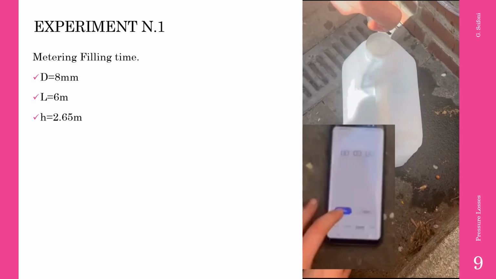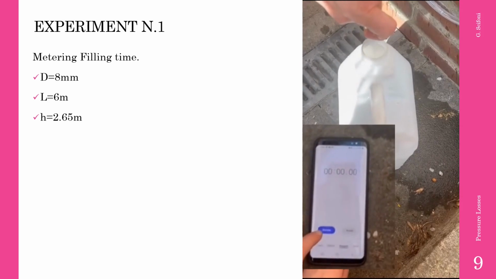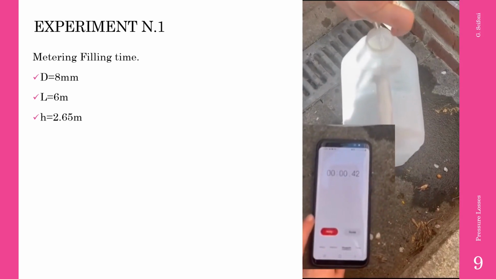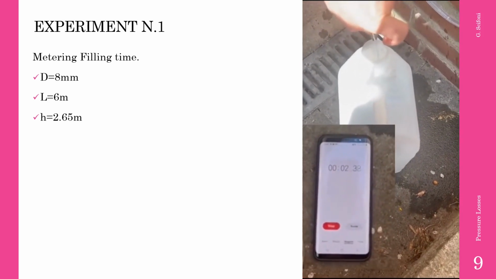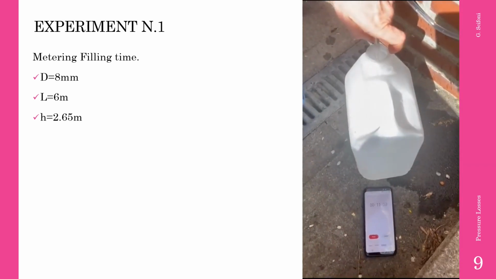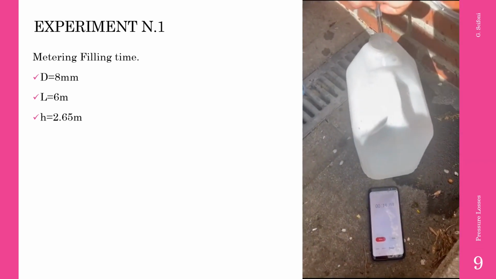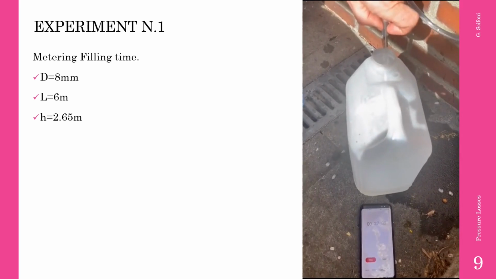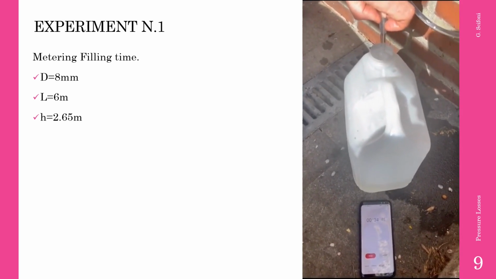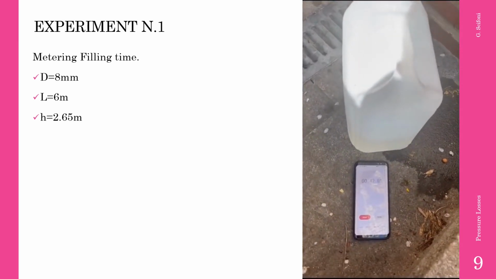This is the experiment number 1, and we start feeding the canister and metering the filling time. To make it shorter, we add some speed increase.